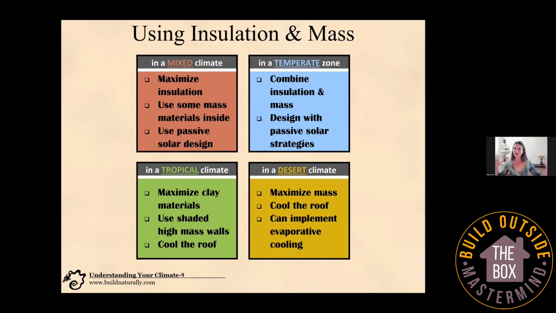So if you shade a thermal mass material fully so that it has no energy inputs, no sun, no fire, and that mass is made out of clay, it will be cooling the temperature and absorbing excess humidity, and therefore creating comfort in that tropical climate.